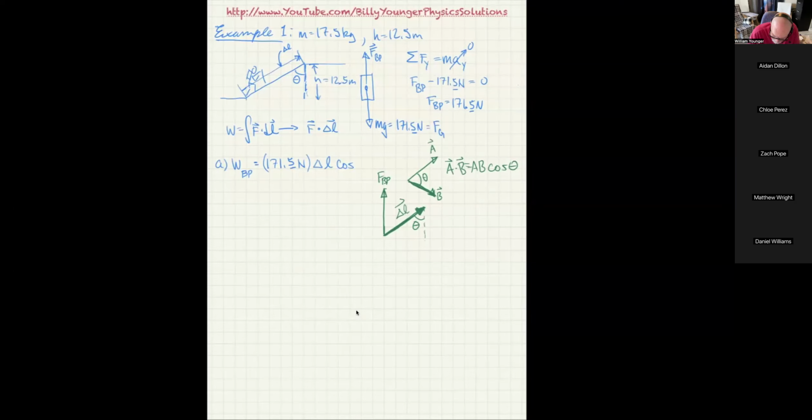Now, because this dashed line is vertical, and this vector is also vertical, these two lines are parallel, and that makes this angle and this angle alternate interior angles.